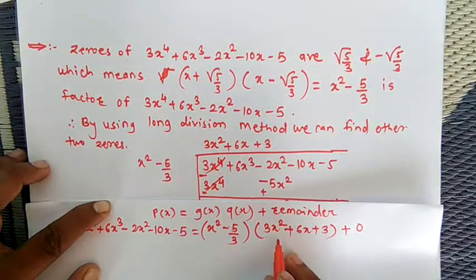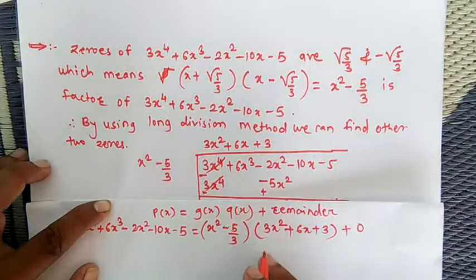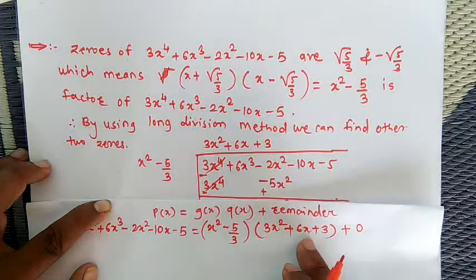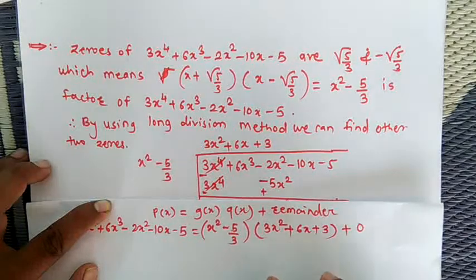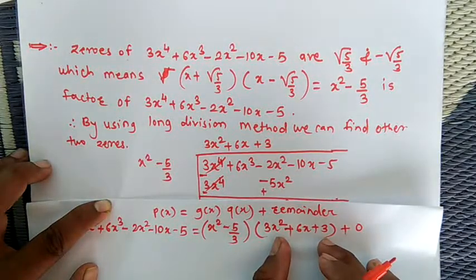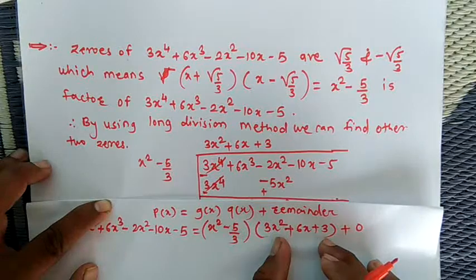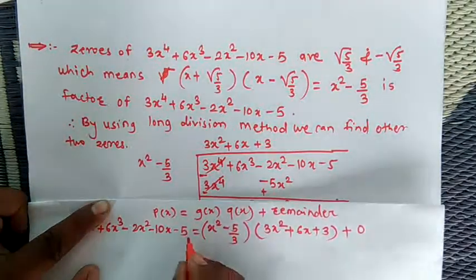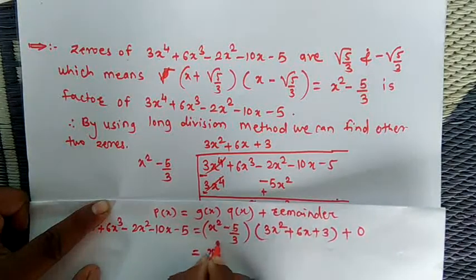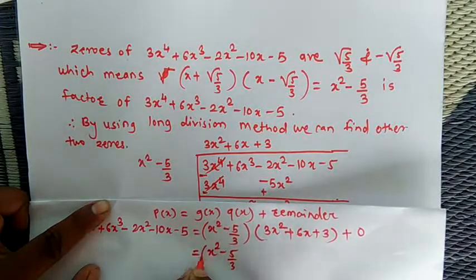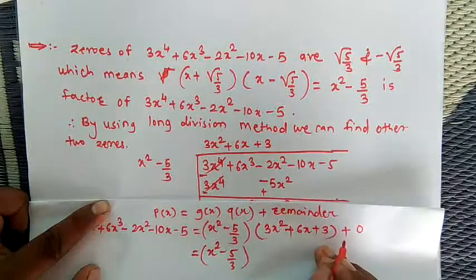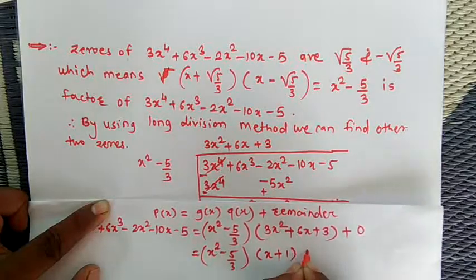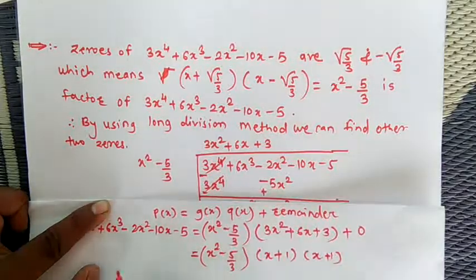Now we can easily find the factors of this equation, that is 3x square plus 6x plus 3. It is a quadratic polynomial. By using the splitting the middle term method, we can easily find the roots of the equation. The roots are x square minus 5 by 3, and the roots of this equation are x plus 1 and x plus 1.